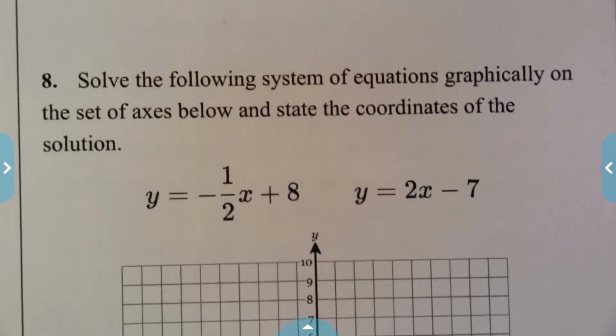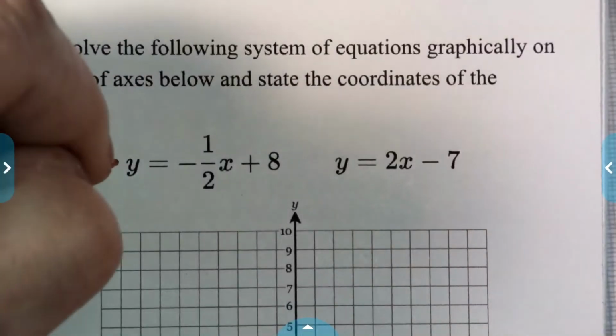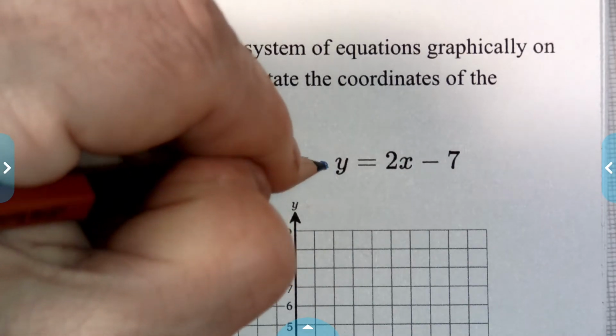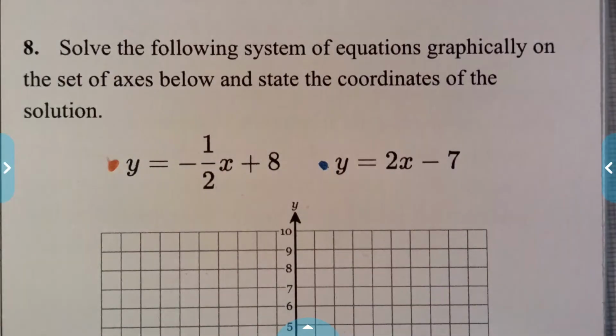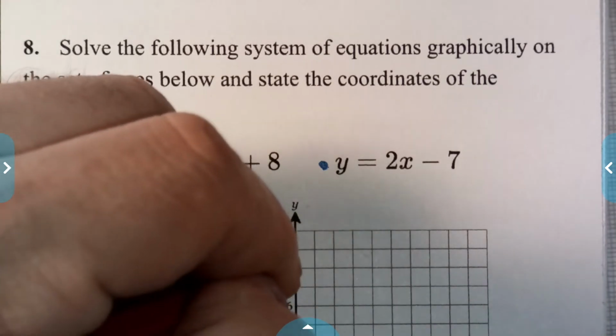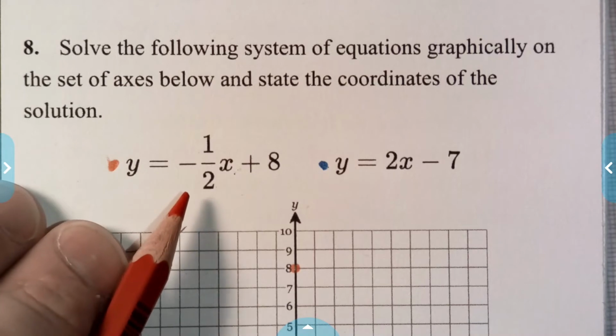Number 8 is exactly the same. We're just going to graph this. I'll choose red here and blue here. For the red one, I've got a y-intercept at 8. And then I've got a -1 over 2 slope.